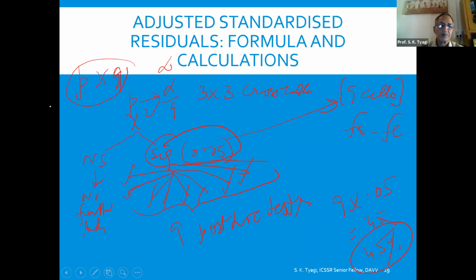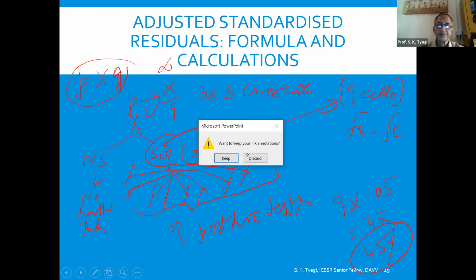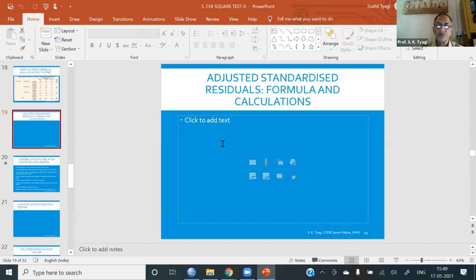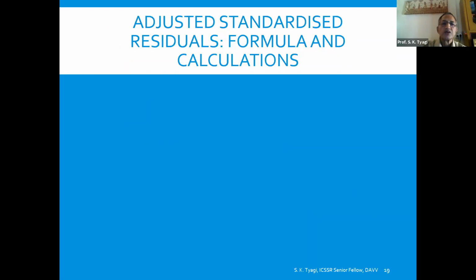Now we come to how alpha error is controlled. So we will in essence multiply p by the number of tests.